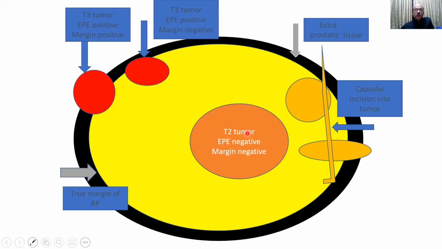It is a T2 tumor, extraprostatic extension negative and margin negative. This one is T3. Here is extraprostatic extension, but margin negative. Here it is T3, extraprostatic extension positive and margin positive.